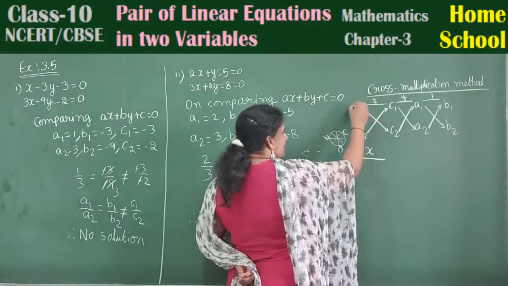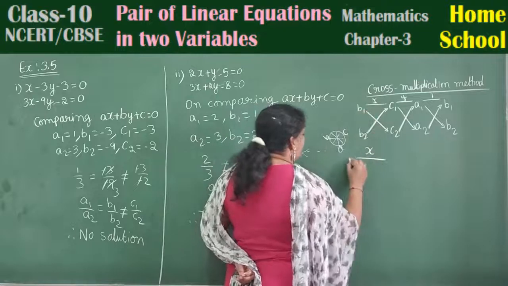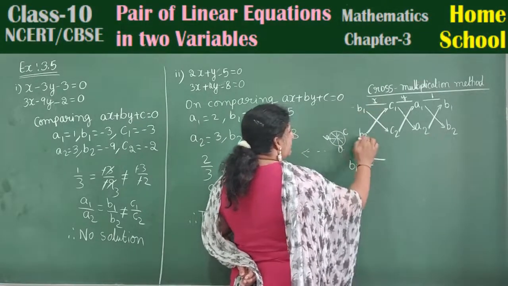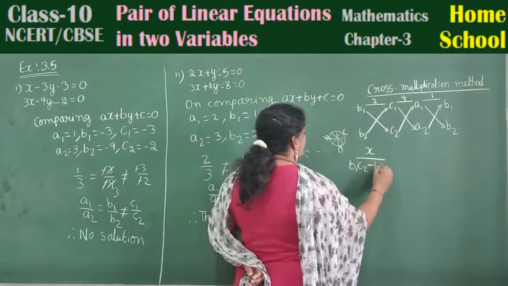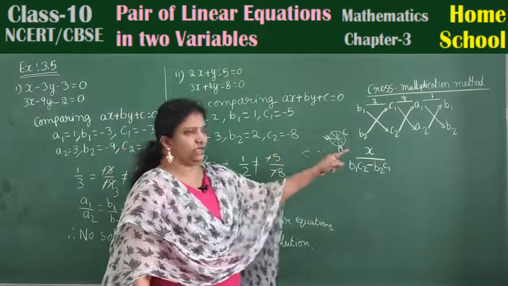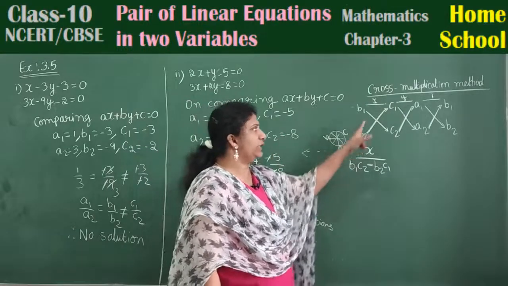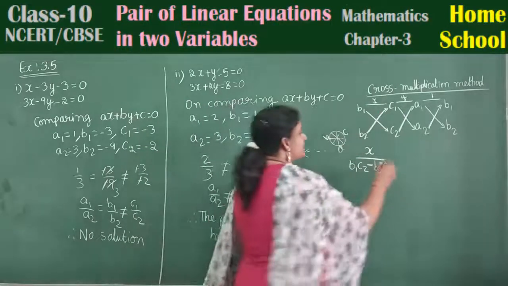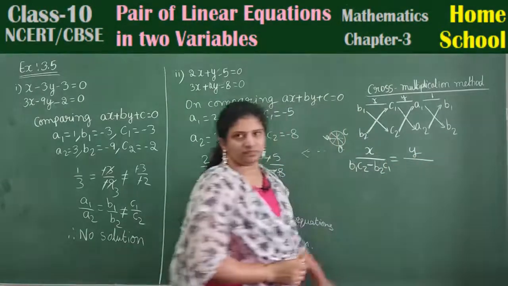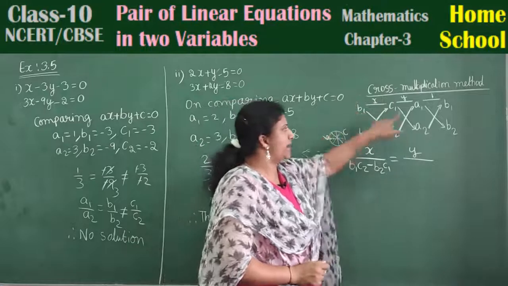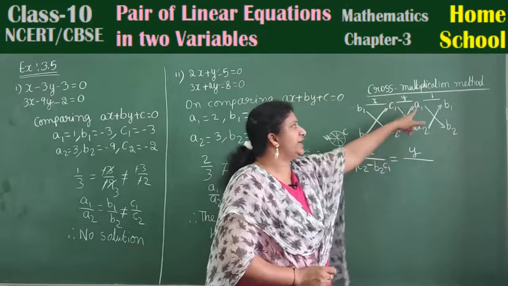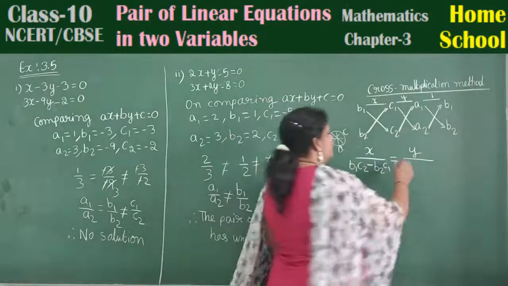B1, you always start from here. B1, C2 minus B2, C1. Okay. B1, C2 minus B2, C1 is equal to y by C1, A2 minus C2, A1.